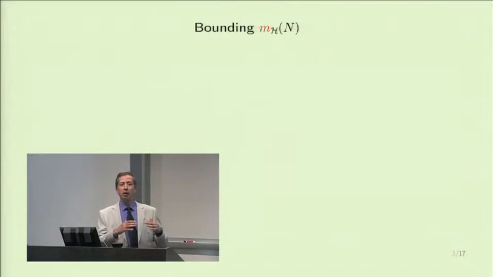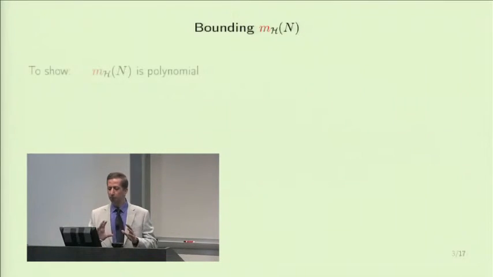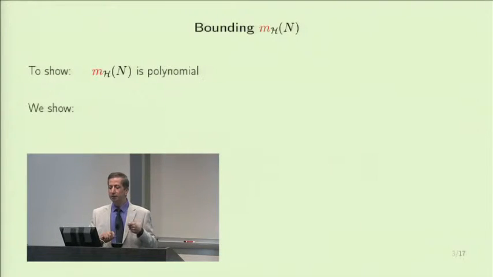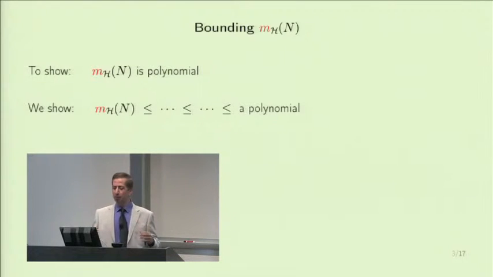So we are going to bound the growth function by a polynomial, and I just wanted to point out some aspects of that. If I say m_H(N) is polynomial, it's not that I'm going to actually solve for the growth function and show that it is this particular polynomial with these coefficients. All I am saying is that it is bounded above by a polynomial. So I don't have to get the particulars of m_H(N), the growth function.